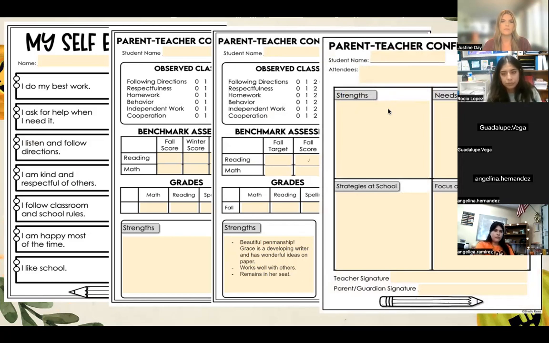And then it's a good way for you to jot down some things that they want to focus on at home, or some strategies that you want to use at school. So taking notes during the meeting is also an option. Or you can honestly do it on your computer and send it their way when you're done. But if you're giving them copies of everything, then it's not necessarily needed.